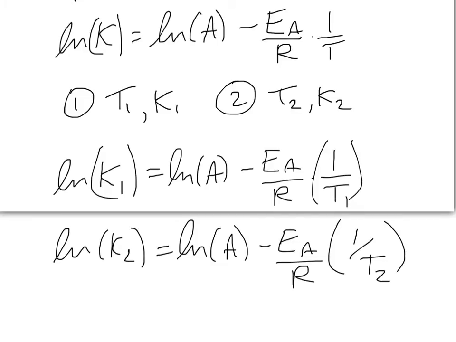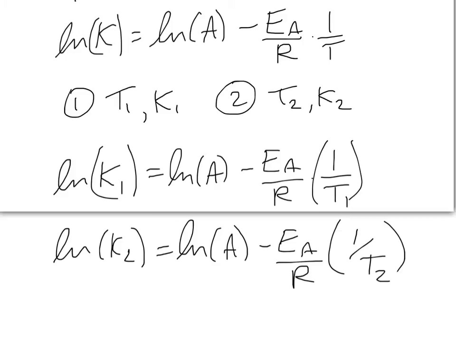What are we assuming here? Well, we're assuming the pre-exponential factor doesn't change with temperature. And that's actually probably a little bit naughty. It turns out that the pre-exponential factor has a slight, ever so slight change with temperature. But it turns out that it's overwhelmed by the Boltzmann factor. The e to the power part changes dramatically with temperature.